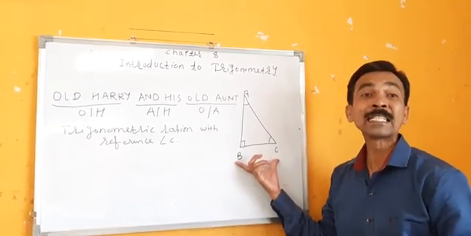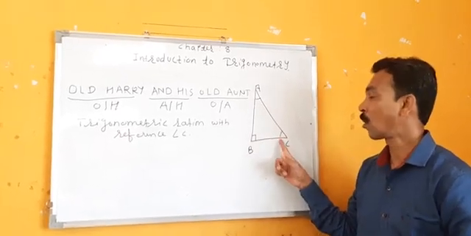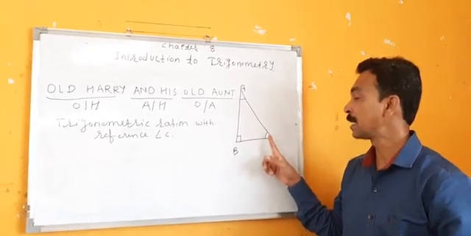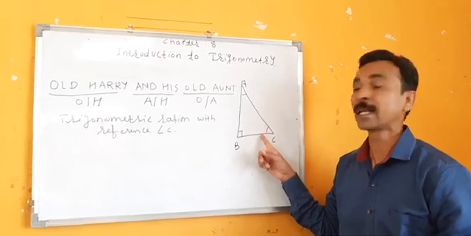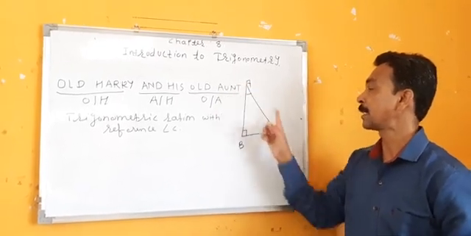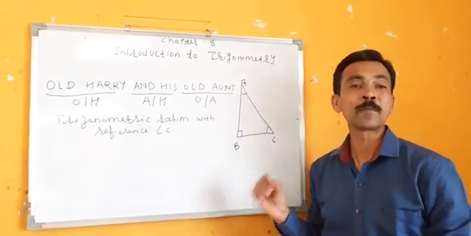BC is the adjacent side of angle C, and AC is the hypotenuse.